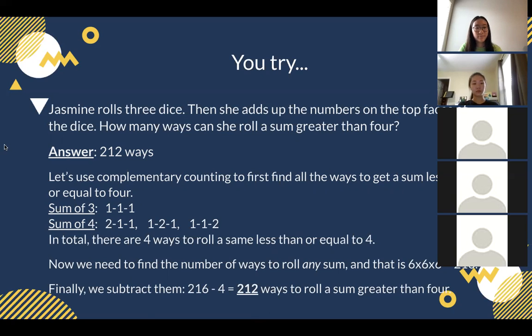I use complementary counting a lot, because sometimes counting what you do want is really complicated. There's multiple different cases you have to consider, and in those cases, there's even more cases. So complementary counting is really useful.